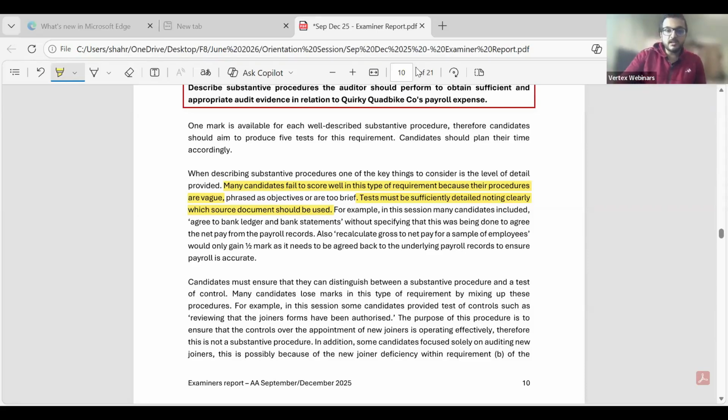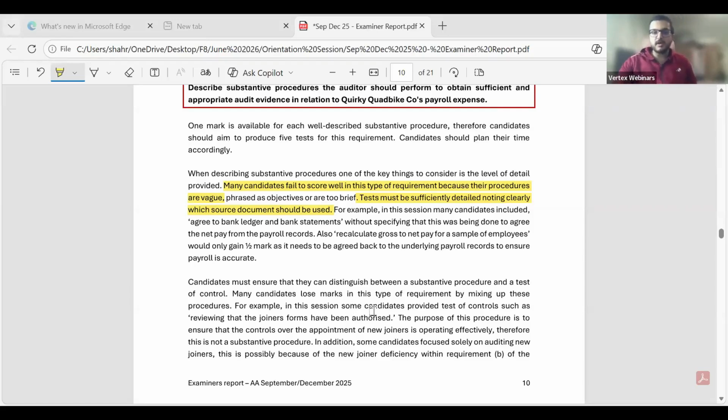Candidates must ensure they can distinguish between a substantive procedure and a test of control. That's also one of the reasons why students fail: they are asked for substantive procedures, but they respond with tests of controls. They pass like 3 months without clarifying this confusion. They are two different things. Both of them are procedures, but they are two different types of procedures, right?